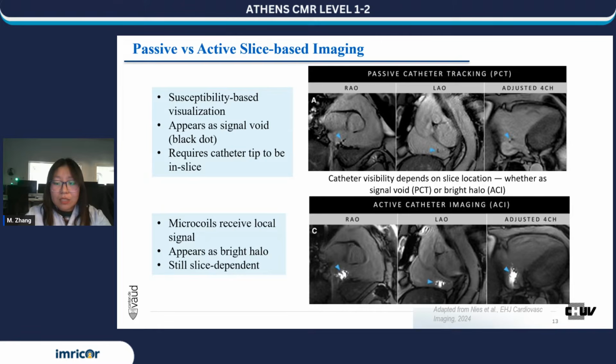Active catheter imaging uses microcoils to actively receive local MR signal, resulting in bright signal around the catheter tip. This improves visibility, but still depends on the slice position, so the catheter must always be in the image plane to be visualized.